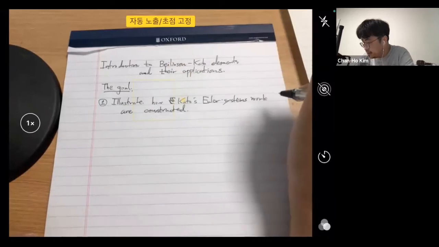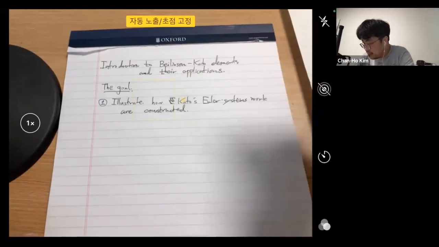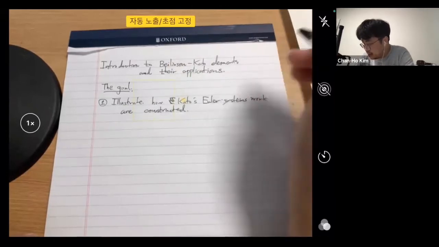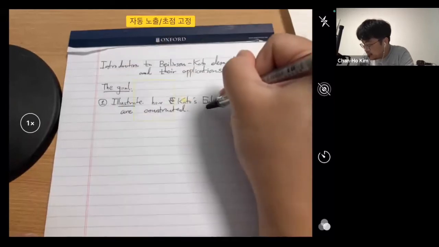This is the first goal. Then the word illustrate means it's not very rigorous.